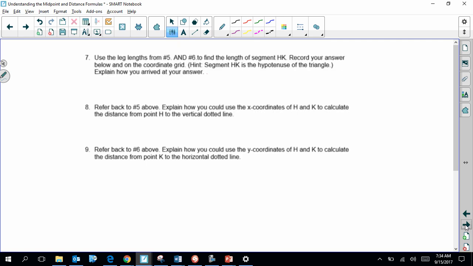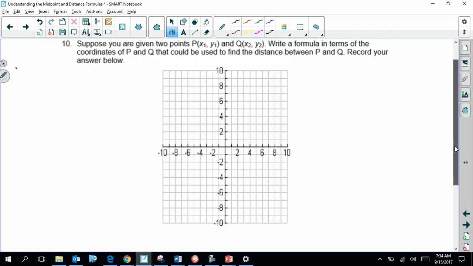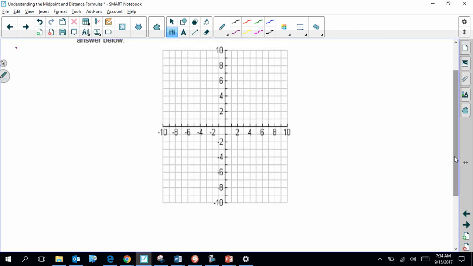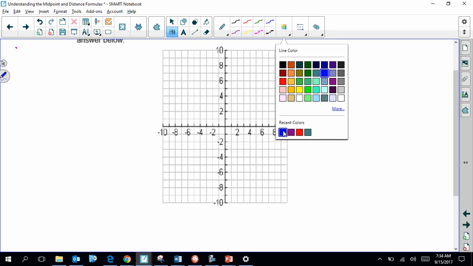For the distance formula, again I'm going to jump to the end and go through what the investigation should have allowed you to see.